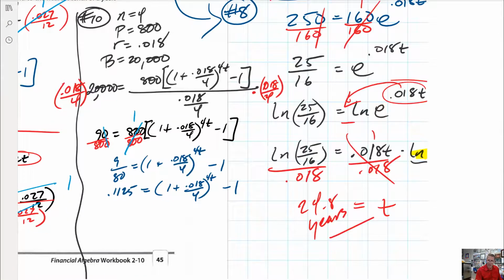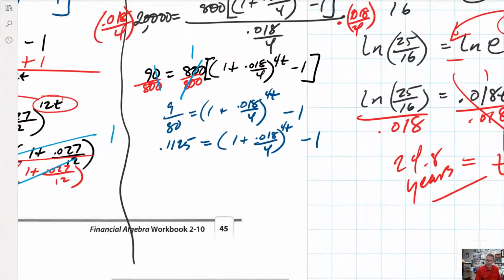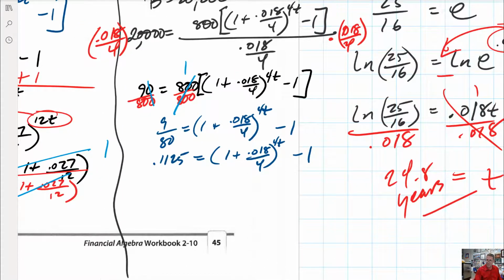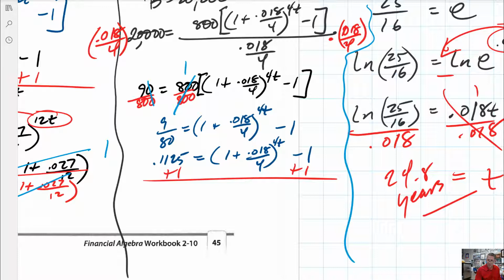At this point, I would definitely add 1. Everybody focus in on the middle here. I'm going to add 1 here, add 1 here. Simple.